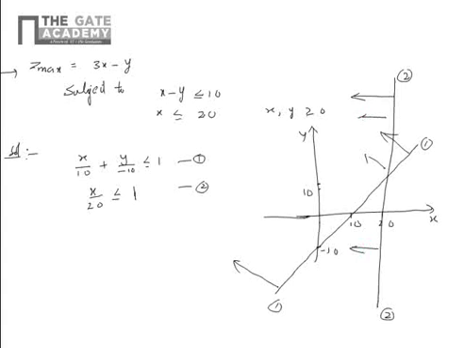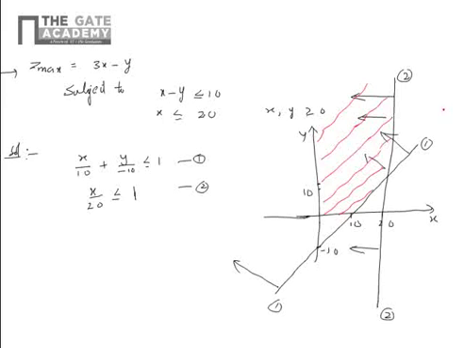The common region which satisfies both constraints as well as the non-negativity constraint, where we take only positive values, is this region.